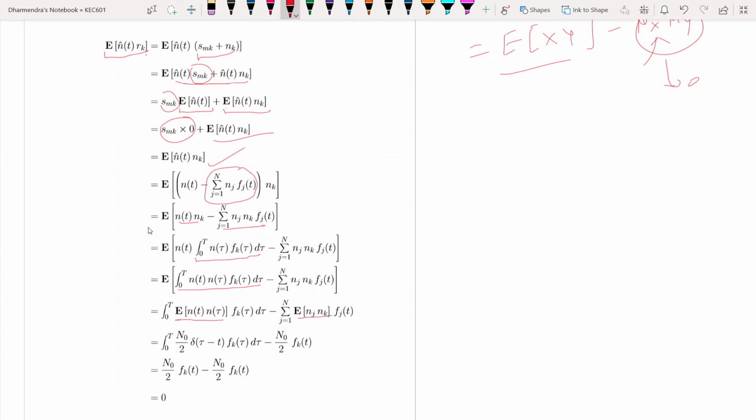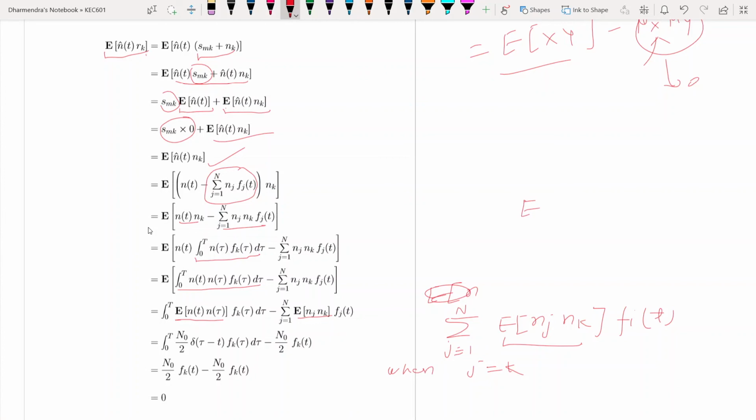Because of this summation, j equal to 1 to N, of the expectation of nj times nk times fj of t: when j is equal to k, this will be N0 by 2. When j equals k, the expectation is nk squared, and the fk of t term comes with it.